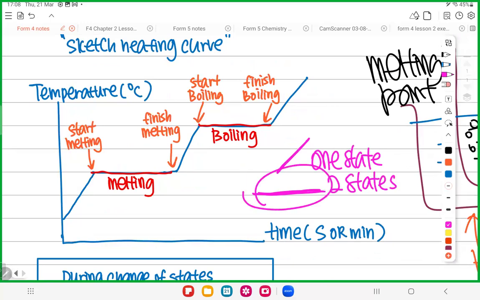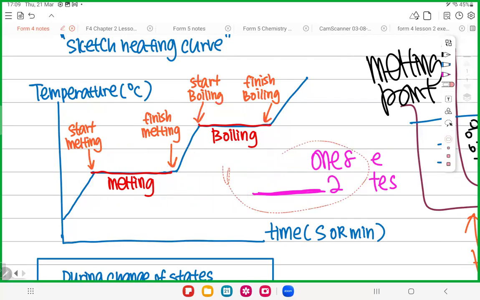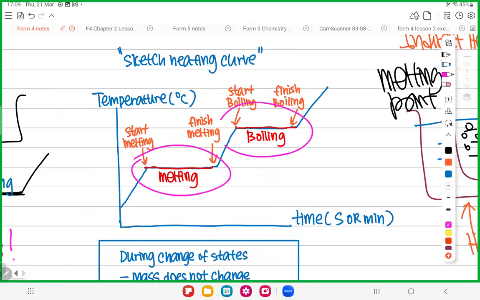Because the horizontal line is where melting and boiling are ongoing. When melting is happening, you will have solid and liquid together. When boiling is ongoing, you will have liquid and gas together. So remember, on the horizontal line, you will have two states.